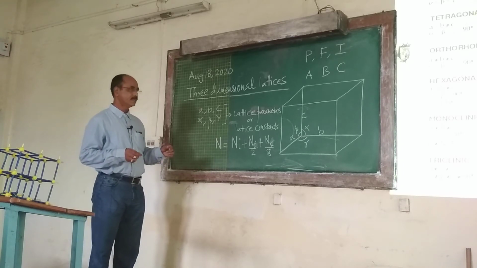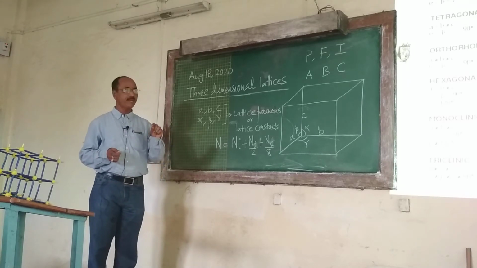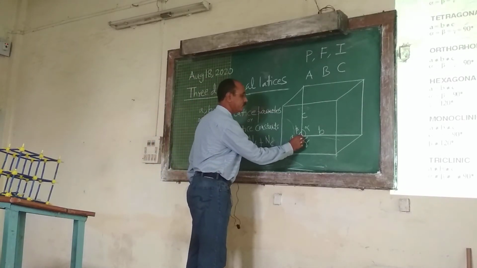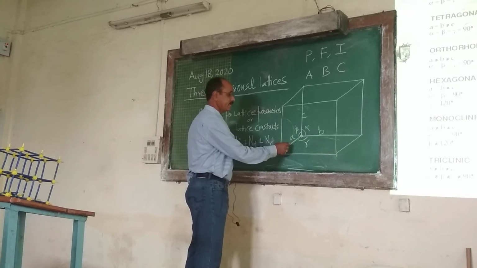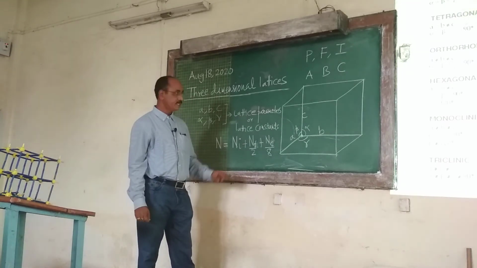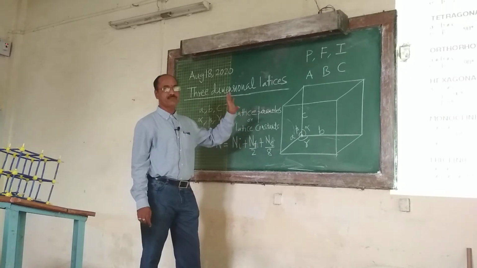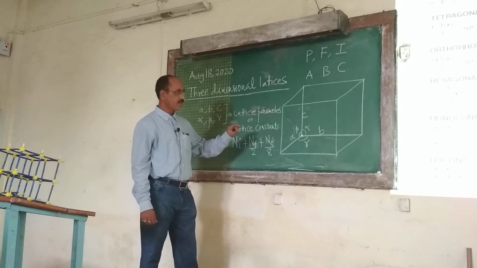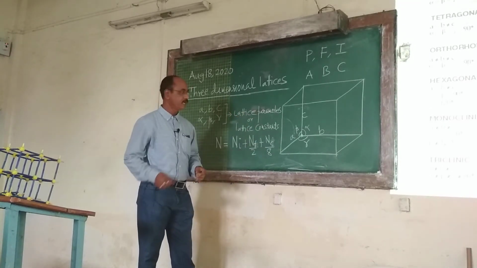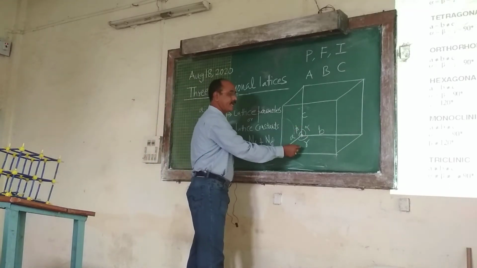Okay, so the lattice parameters are the crystallographic axes drawn from any lattice point. Here, from this lattice point, the crystallographic axes are drawn. This is axis A, this is axis B, and this is axis C. These crystallographic axes A, B, and C determine the size and shape of the unit cell.